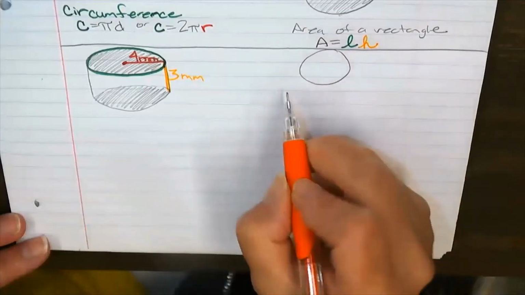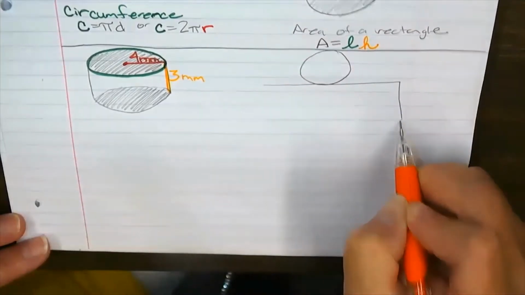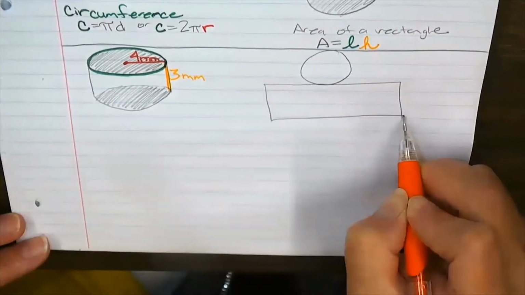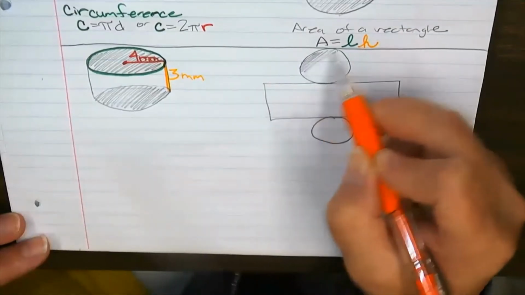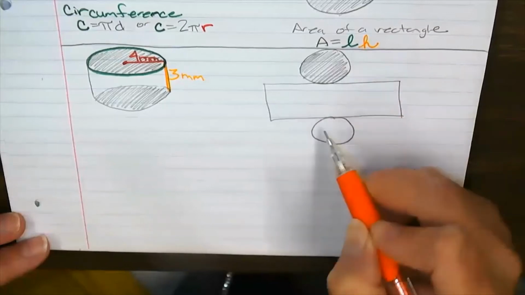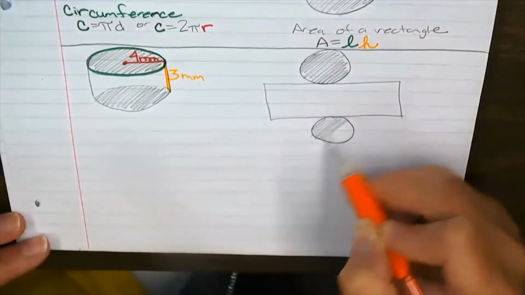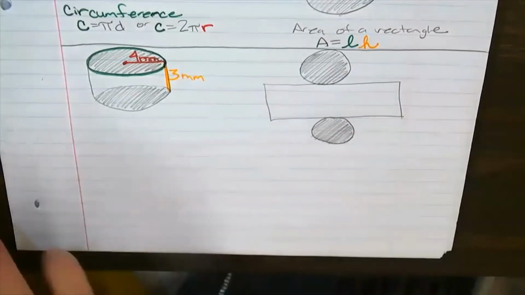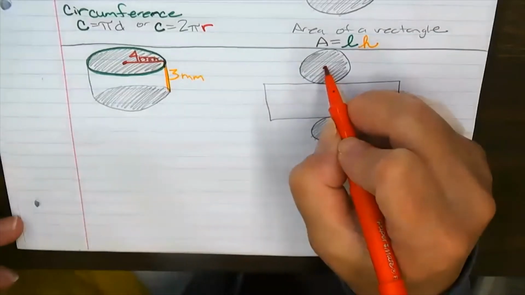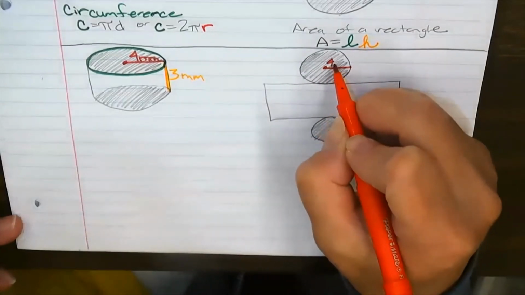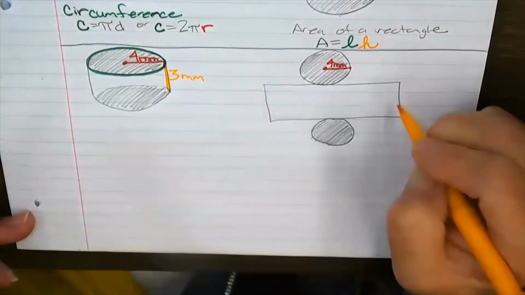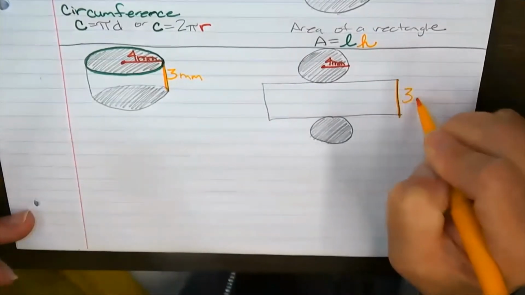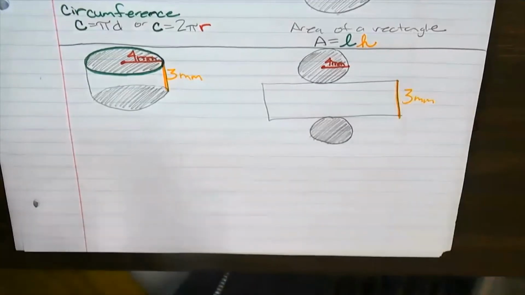Let's unfold it so we can see what shapes we're working with. We have a circle, a rectangle, and a circle. So here's our circle base. Here's our second congruent circle base. They're telling me that my radius is 4 millimeters and my height is 3 millimeters.